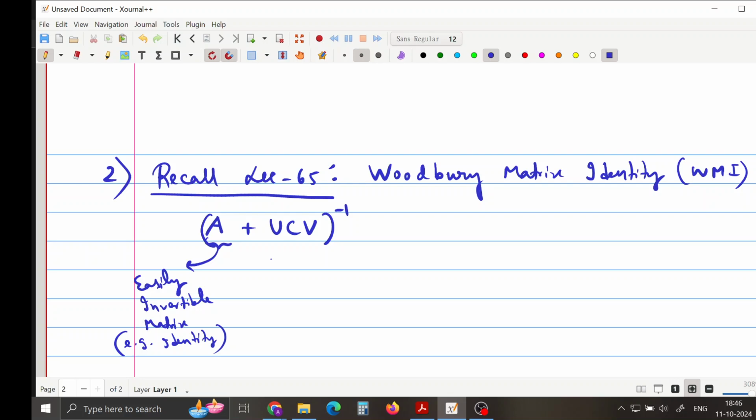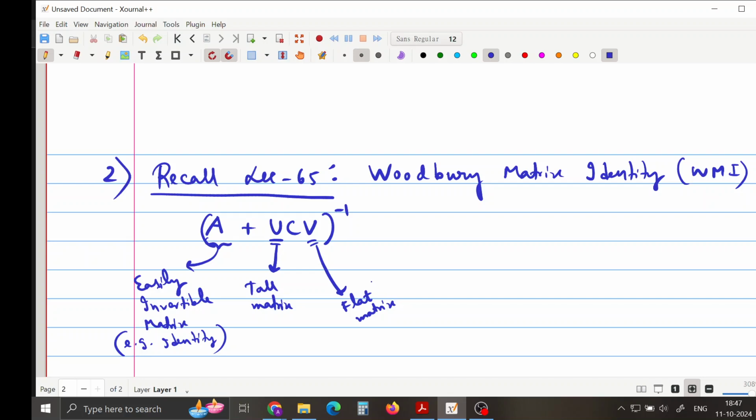Or maybe some known diagonal matrix, right? So finding its inverse is straightforward because we just replace the diagonal entries by the reciprocals. And U is a tall matrix, and V is a wide matrix or a flat matrix having less rows than columns.